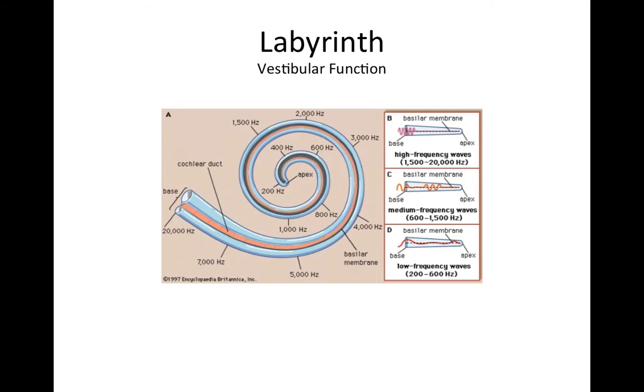So the conduction of the impulse is blocked in some way for some reason, and so the sound does not even make it to the hair cells. Okay? So for the board exam, you need to know the different types of hearing loss and how those affect your auditory evoked potentials. So nerve deafness, conduction deafness, those are two different types of hearing loss that you definitely want to make sure that you feel comfortable with.